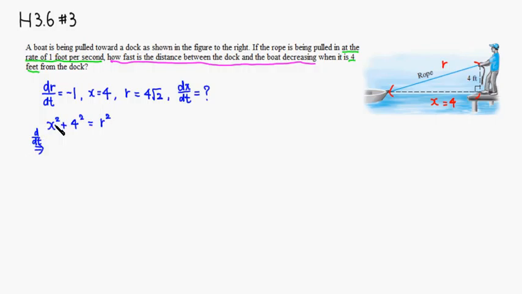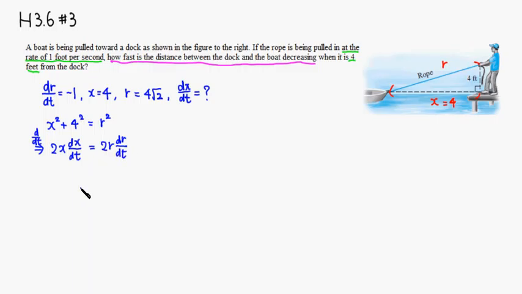The derivative of x squared is 2x times dx over dt, and the derivative of 4 squared is 0 because 4 squared is just a number. This is equal to the derivative of r squared, which is 2r times dr over dt.